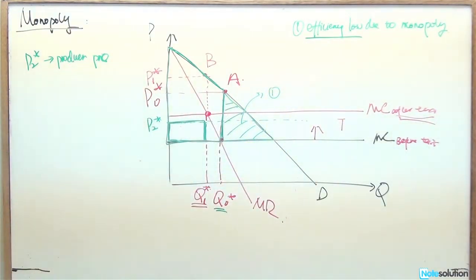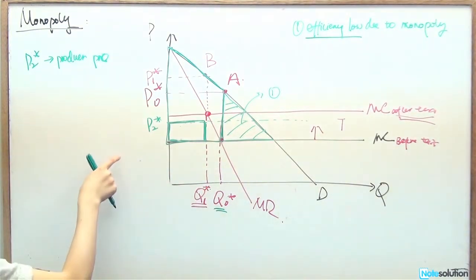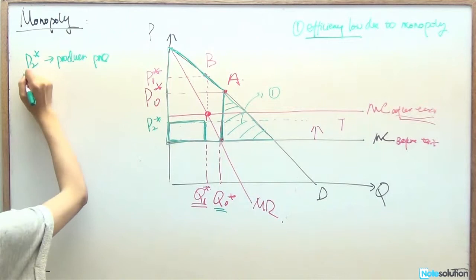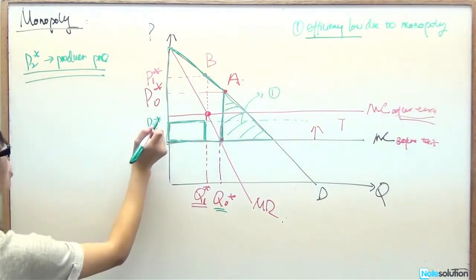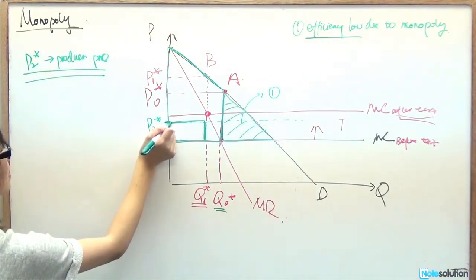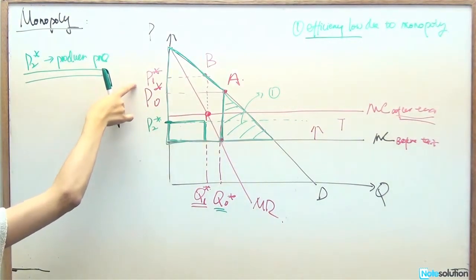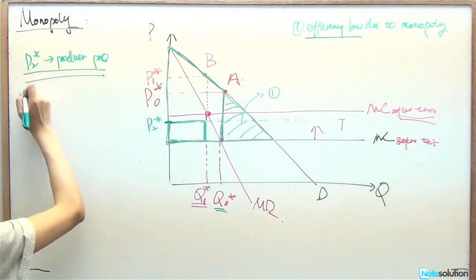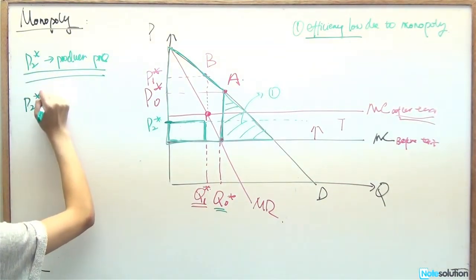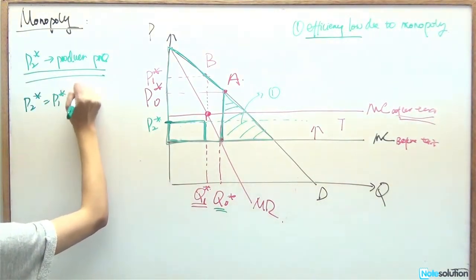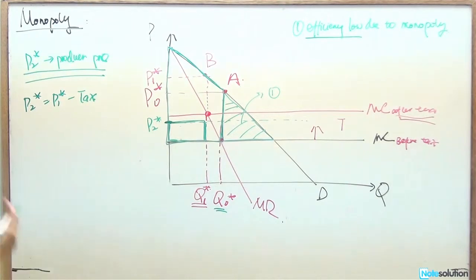Now let's find the excess burden due to the tax. We assume P2 is the producer price, and we already calculated that P1 star is the consumer price. So P2 star is equal to P1 star minus the tax.